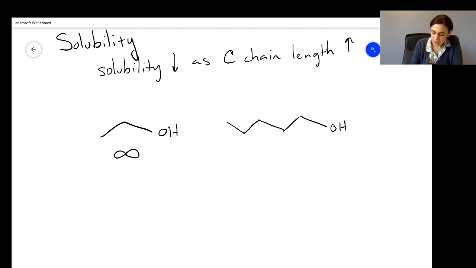Whereas when we increase the chain length, what we're going to see is that this drastically decreases the solubility in water. And that's because of the hydrophobic nature of our carbon chain. And notice that we've only increased our carbon chain by 3 carbons. This isn't a huge change.